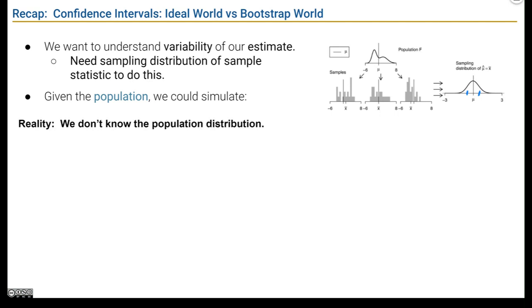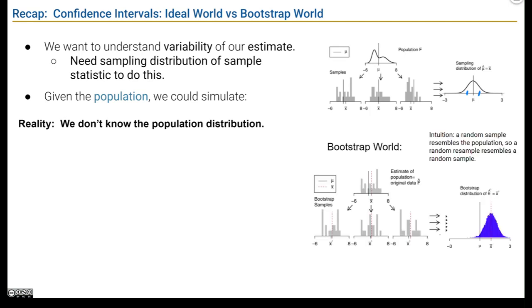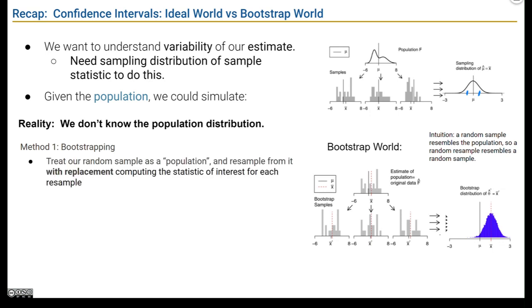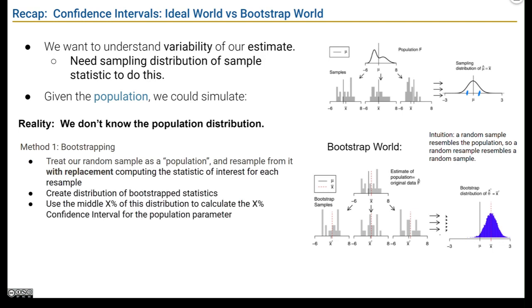But in reality, we don't know the population distribution and we usually can't take unlimited samples. So one method we use is bootstrapping, where we say, let's assume our random sample resembles the population, and then we're going to treat it as such and come up with a bootstrap distribution of our sampling statistic. We then use the middle X% of this distribution to calculate the X% confidence interval.